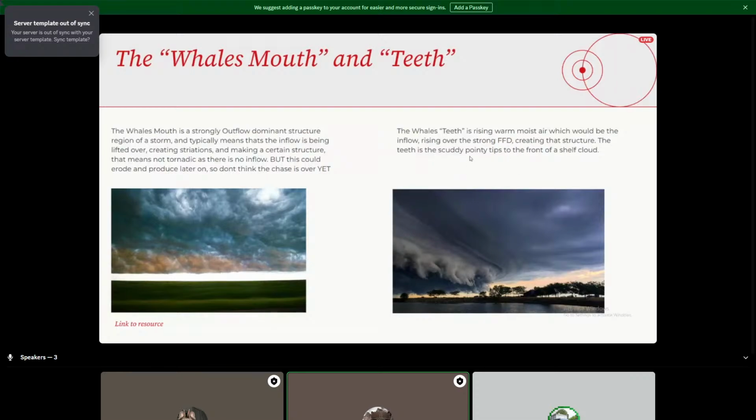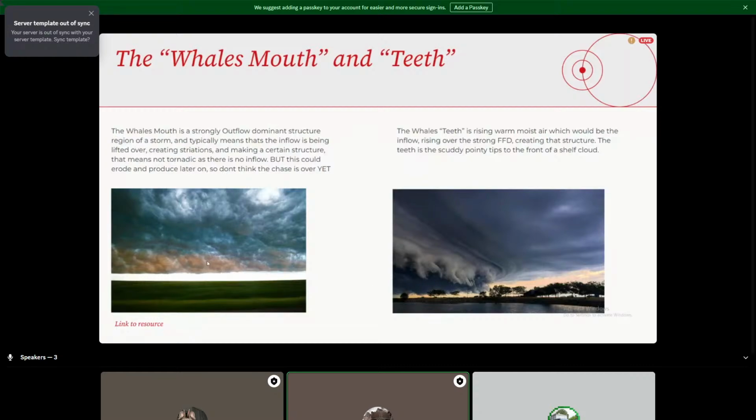The teeth are the scuddy point tips in front of the shelf cloud. So typically in the very scary looking, ominous, eerie clouds with the pointy teeth, this is the whale's teeth right here, as you can visibly see. This typically means that the storm is not tornadic. 9 times out of 10, it is not tornadic. This is the biggest indicator. It is a strongly outflow dominant cell.